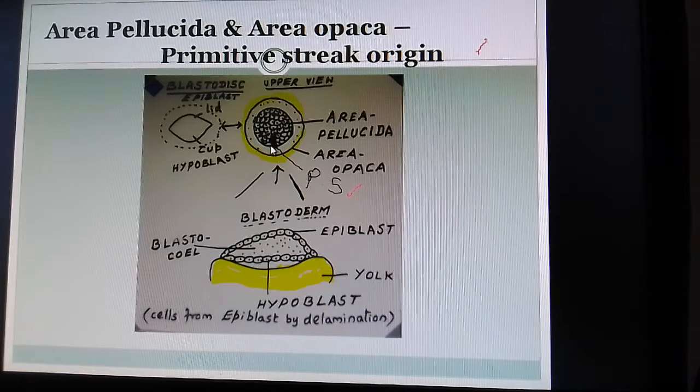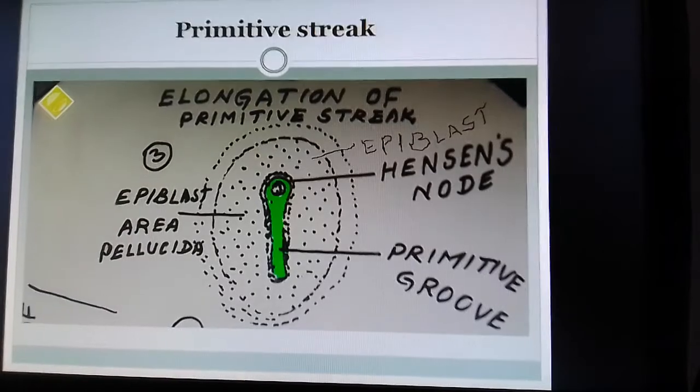Now here at the caudal region, the middle part of the area pellucida, the epiblast cells thicken to form the primary thickening of the primitive streak. Then it simply elongates, moving upward by the movement of epiblast cells.